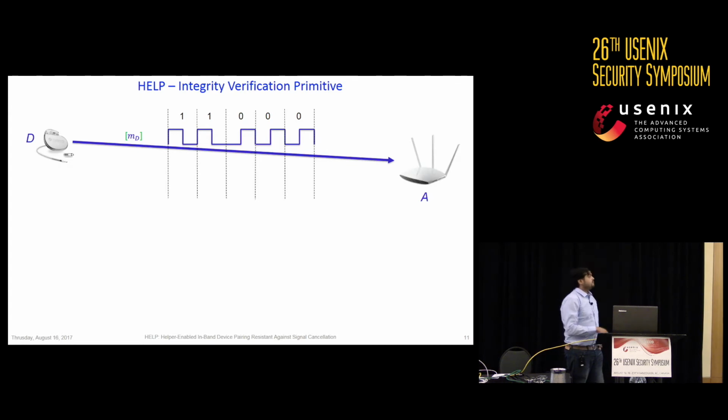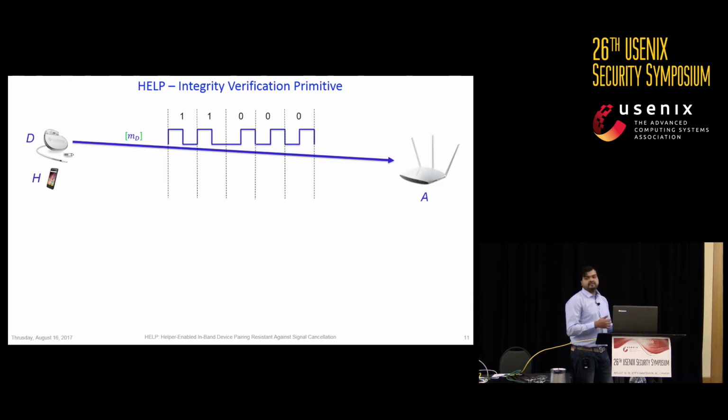So how does HELP work? It's under a similar setting of in-band verification. Now the device is transmitting message MD to A, and it is transmitting in Manchester coded on-off keying. But now we introduced a helper H, and here we assume that the helper H is already paired with the hub, so it shares an authenticated channel.